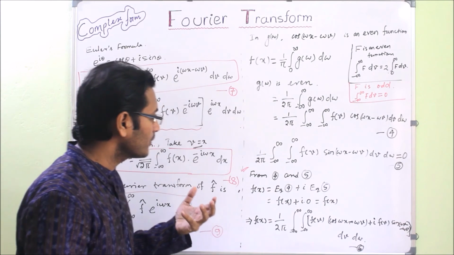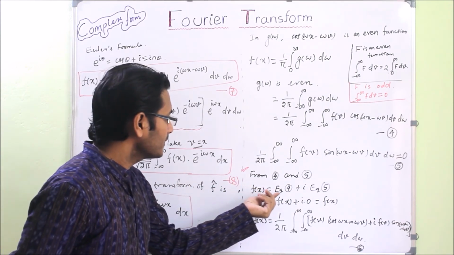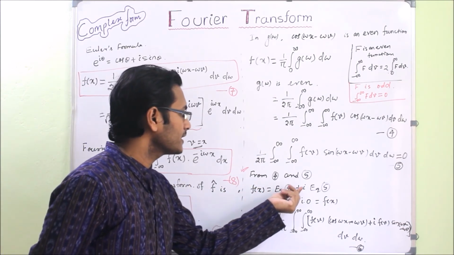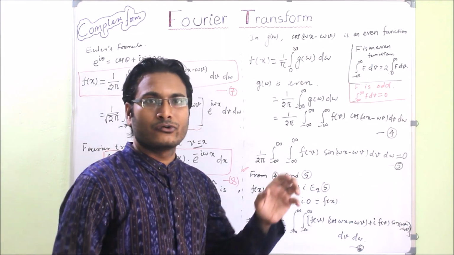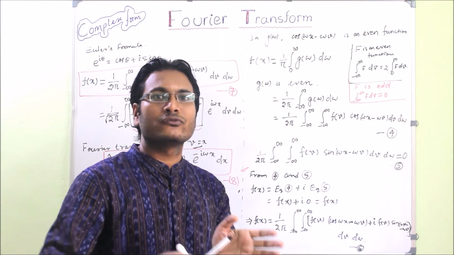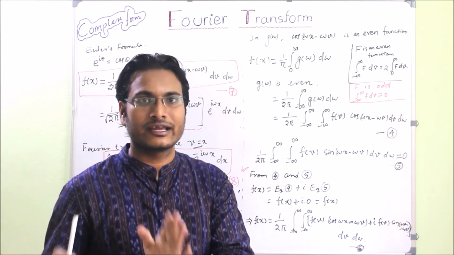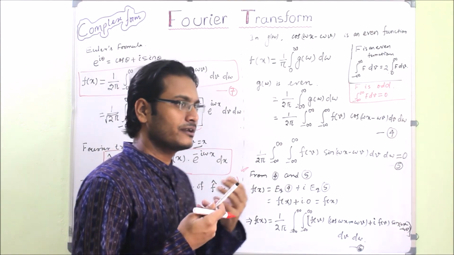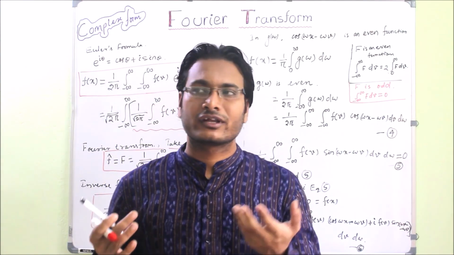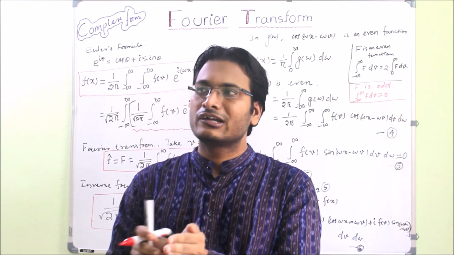So sometimes what to do, we have to write some equation 4 plus i into equation 5 terms, like Fourier cosine plus i into Fourier sine of real variables. Okay, if we take the Fourier cosine plus i into Fourier sine form, altogether we will get the answer.